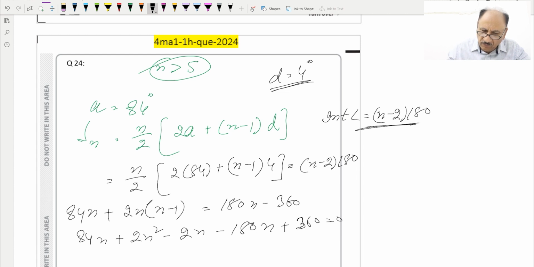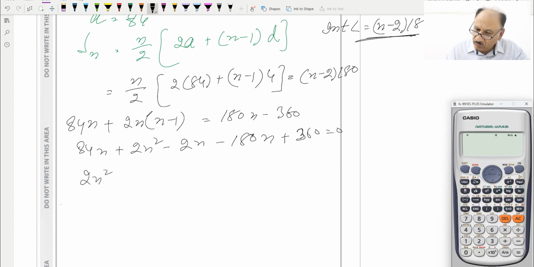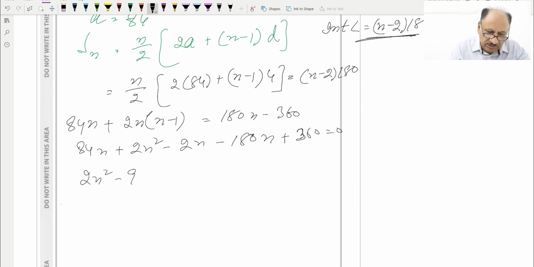We are trying to form the quadratic equation, and this will be 2n square, and 84n minus 2n minus 180n. We will calculate 84 minus 2 minus 180, which is equal to minus 98, and plus 360 is equal to 0.